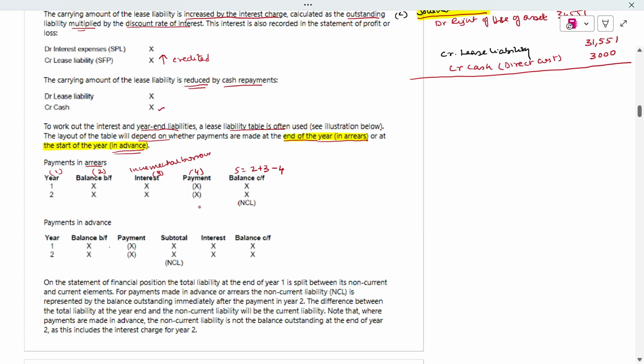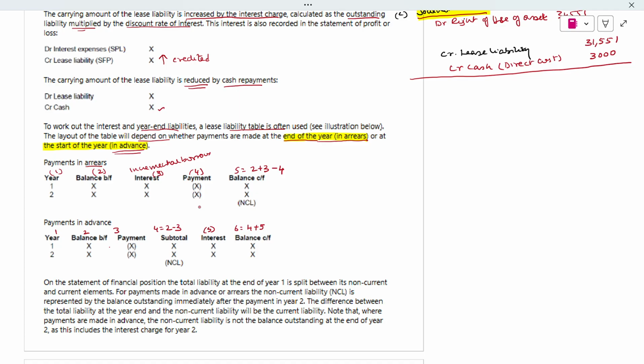This is column 1, 2, 3, and column 4 is nothing but 2 minus 3. This is column number 5. Column 6 is nothing but 4 plus 5. Whatever the subtotal is, on that you will calculate interest.